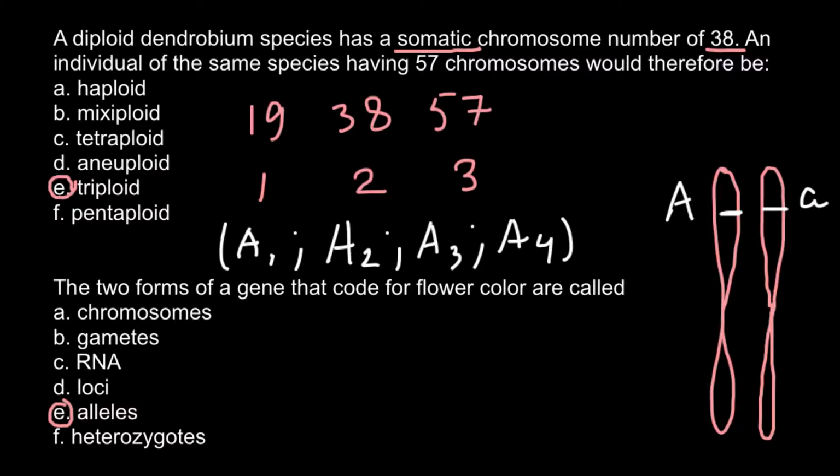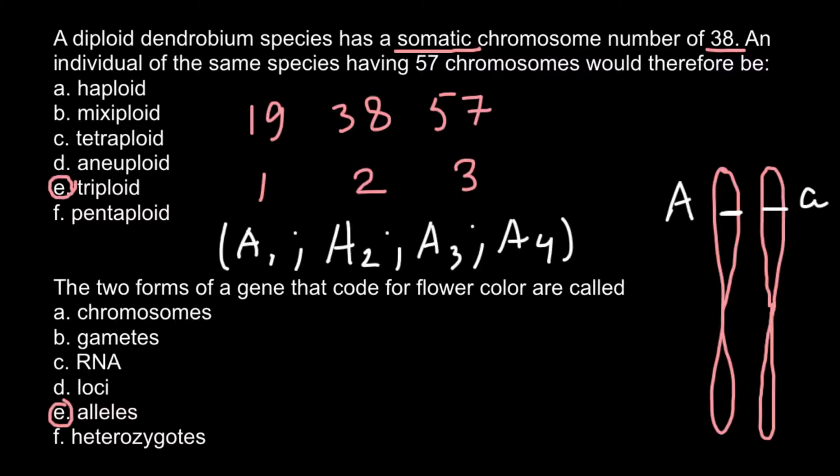And the last answer F, heterozygous, and this is what we have here. In this locus we have one allele that is dominant, another is recessive, and such a state we call the heterozygous state.